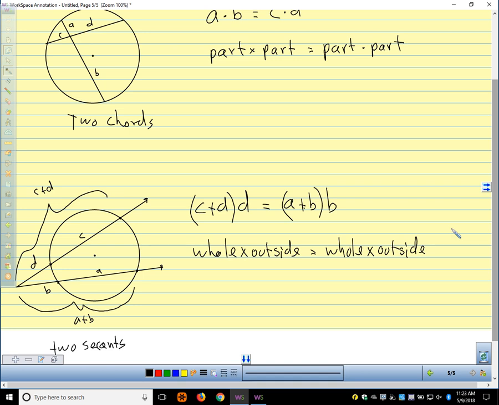So this whole segment, C plus D times D, equals this whole segment, A plus B times B. So that's our situation when we have 2 secants. All right, we'll go backwards one more. So I would cross out what's written next to this circle in your flip book and write just what we wrote here.